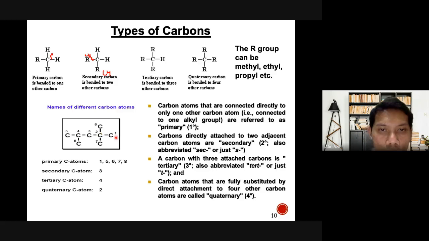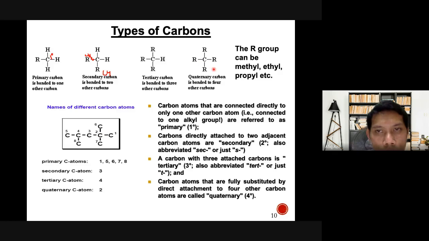For carbon number 1 over here, based on these rules, it will be classified as primary, because it is bonded to only one other carbon, only this one. And then the second carbon, what is this? It will be quaternary.